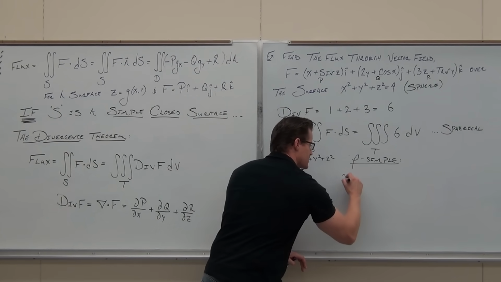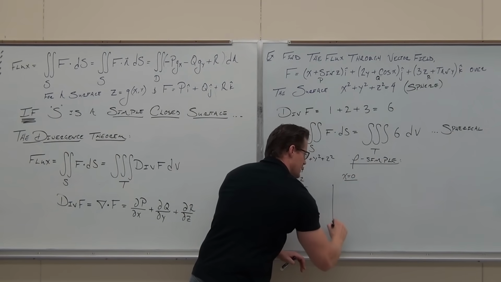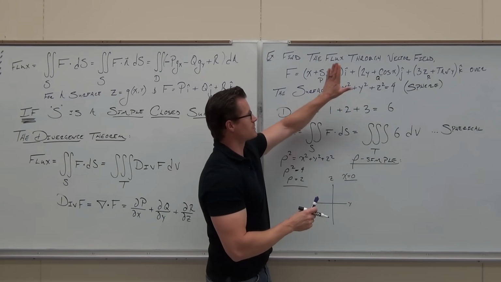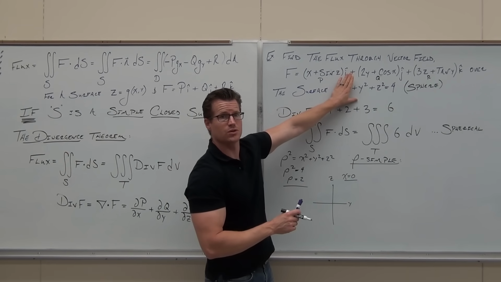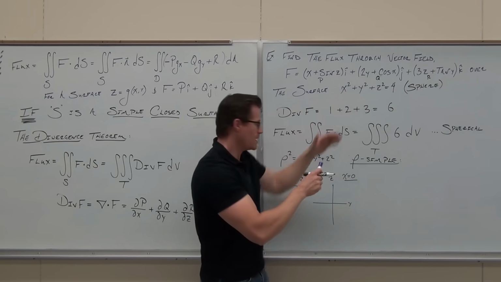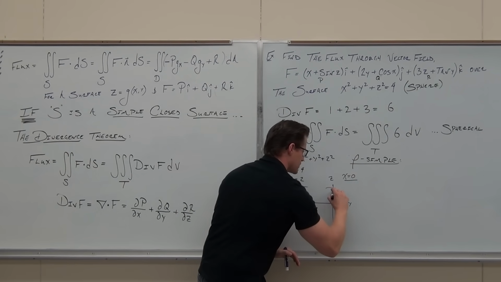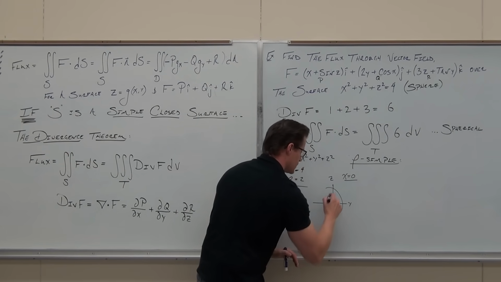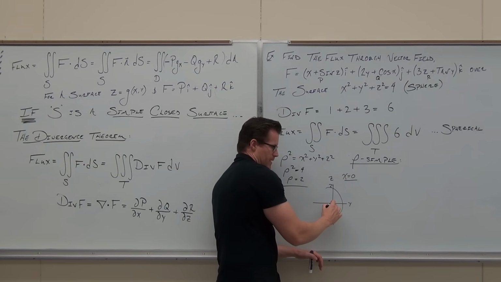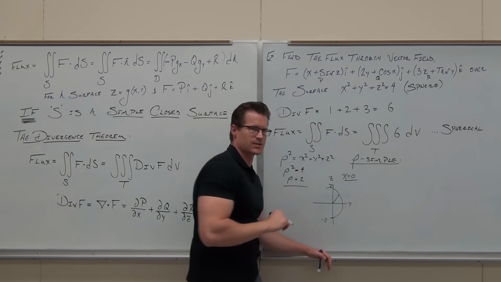So if I set x equal to 0, what we end up getting is just a circle. That's the trace on the YZ plane. Is this making sense to you? It looks like this. The rho is the thing that goes from the origin through the region and hits the outside of that ball.